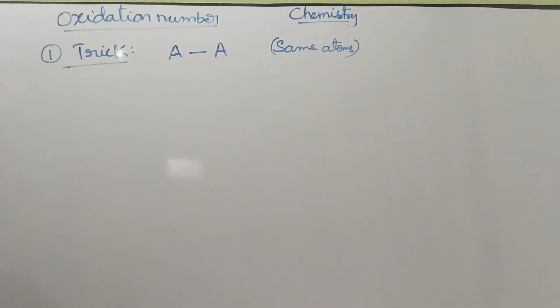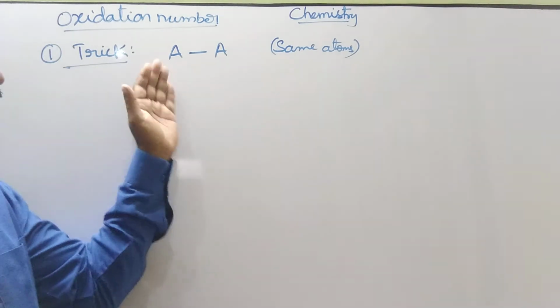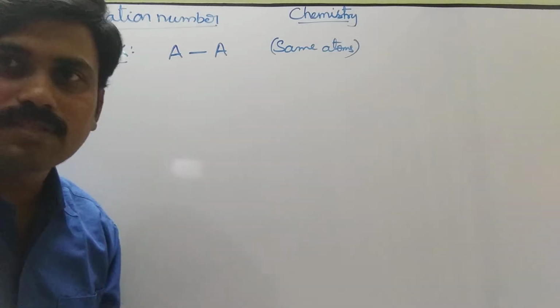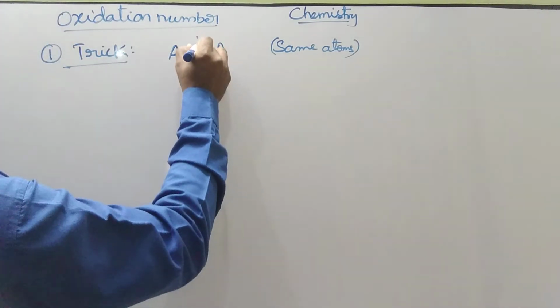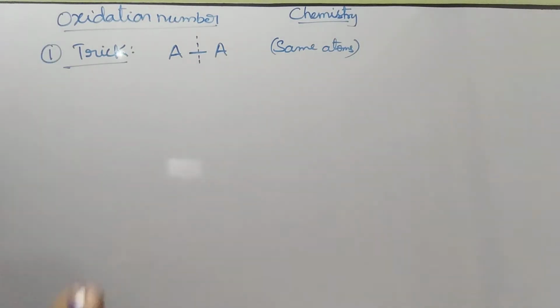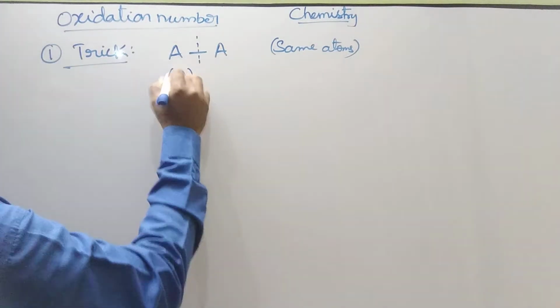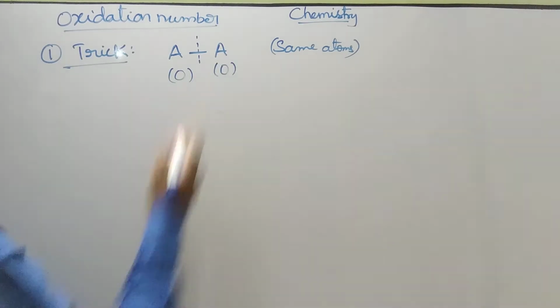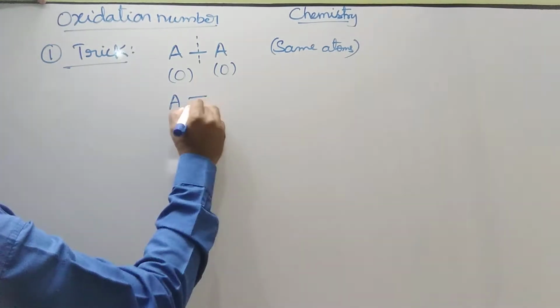Between these two atoms, the oxidation state of the first atom and the oxidation state of the second atom is equal to 0. Because after breaking this bond, the oxidation state of A is 0 and the second element is also the same, that's why 0. Suppose A double bond A is there.